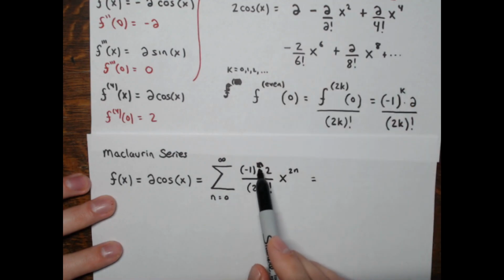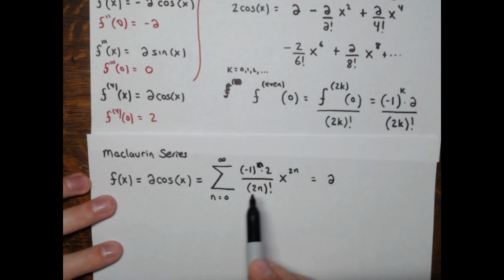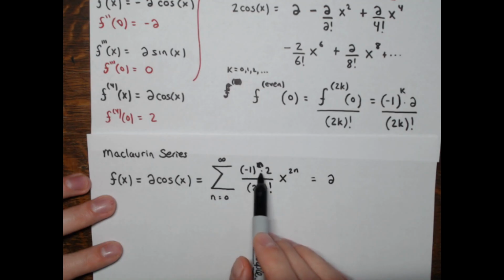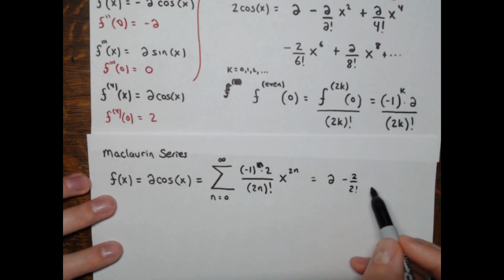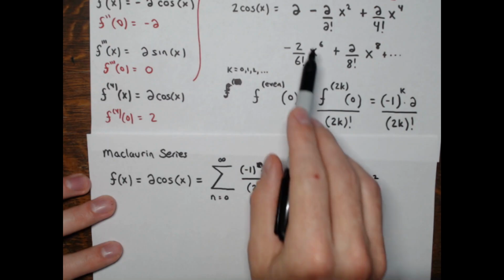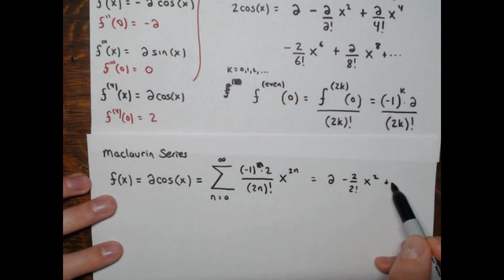When n equals 0, you'd have 1 times 2 over 0 factorial times x to the 0, that's just 2. And when n equals 1, you'd have negative 1 times 2, so negative 2 over 2 factorial times x squared. And you see that it's matching what we had written up earlier.